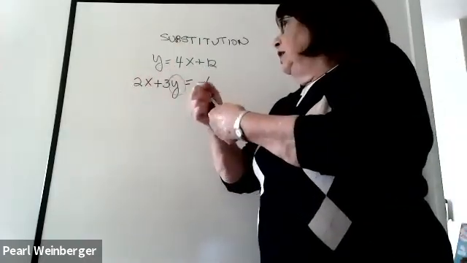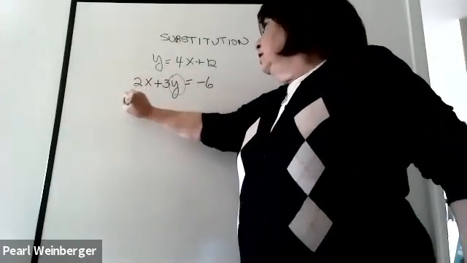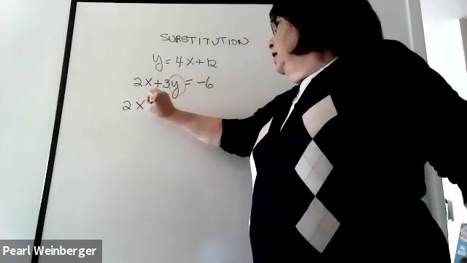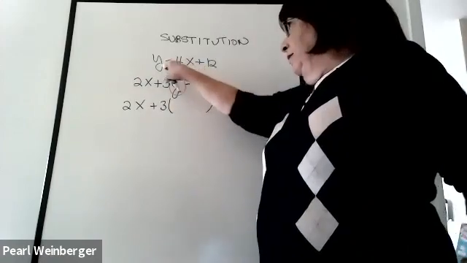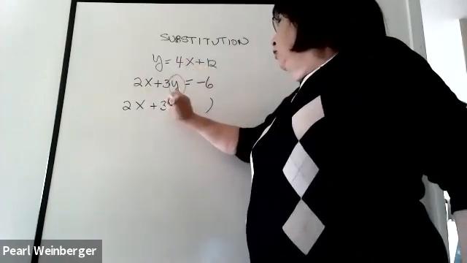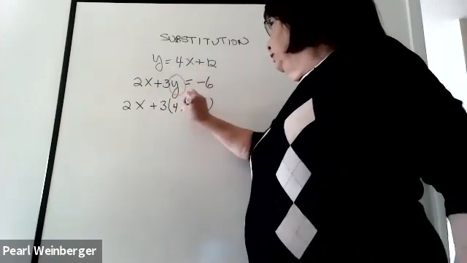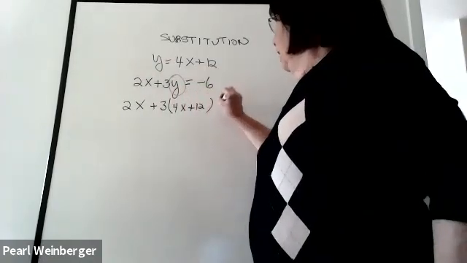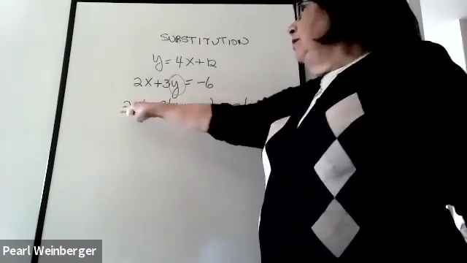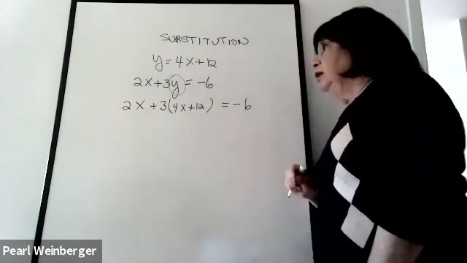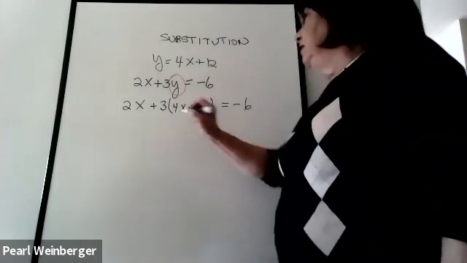So my second equation looks like this: 2x plus 3, okay, here is my y. For my y, I'm using its long name, 4x plus 12. And that's going to equal -6. And now it's a regular linear equation in terms of x.